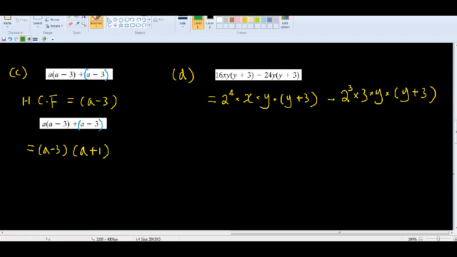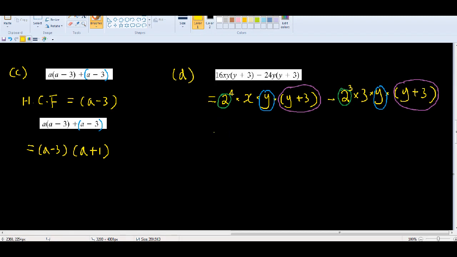So you need to find the highest common factor step by step. 2 is a common factor, and is that x? No. Is that y? Yep, that's y outside here. And of course, y plus 3 should be treated as 1 common factor right now.